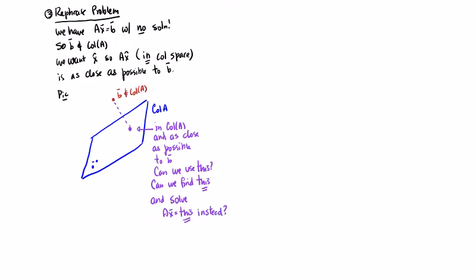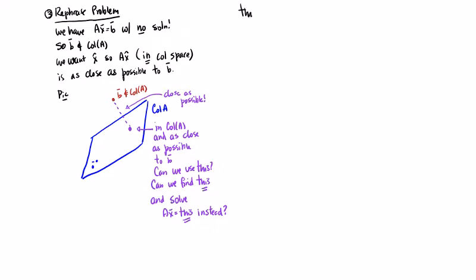Now, the way the picture is formulated, you can tell that I picked the point in the plane so that it was perpendicular because it gave a shortest distance. The as close as possible on the picture is this distance. So what this suggests is that we can take b, project it onto the column space, like a perpendicular projection, and then we can solve Ax equals that instead.